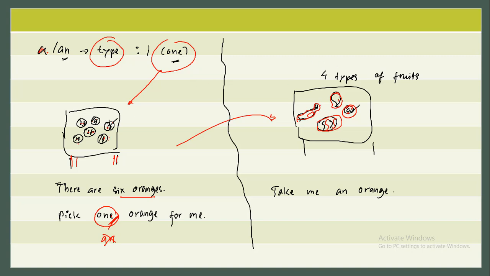So for this one I use an or a depending on the sound, and since I choose orange, that's why I use an. I say take me an orange. I do not say take me one orange, because there is only one orange here. It is clear, so I say take me an orange. So that's why indefinite articles do not emphasize the numbers, but they emphasize the types, not the number.